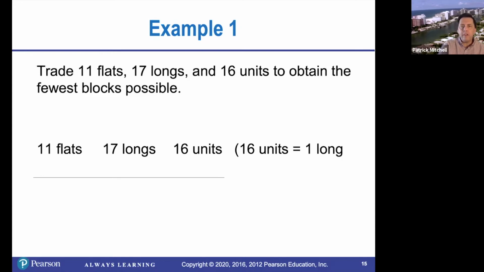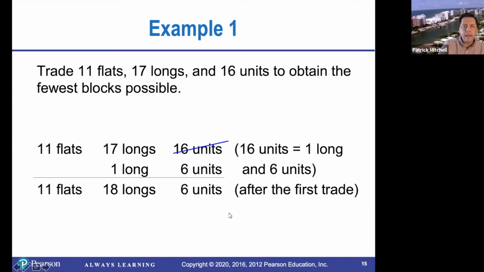And what I'm going to do first is I'm going to take away 10 of these units and trade them for 1 long. So see here what happens is 16 units becomes 1 long and 6 units. All right, 16 units is equal to 1 long and 6 units. So after the first trade, we have 11 flats, 18 longs, and 6 units. So that's fewer blocks than we had to start with, but we can do better than that.